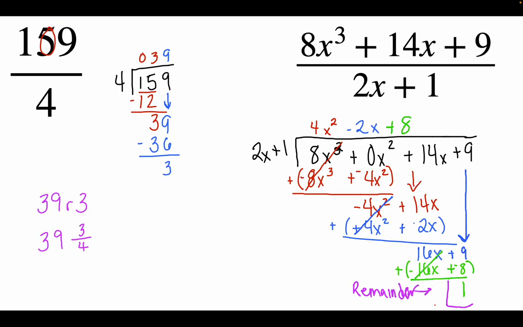Now, just like I did with my numbers, and I left it as 3 over 4, that's what I'm going to do here. I'm going to say 1 over 2x plus 1, what I divided by.